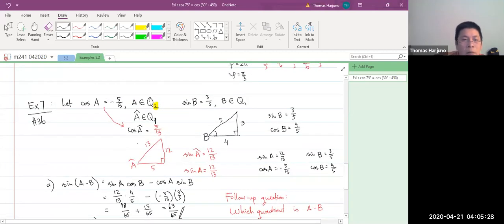From this triangle, we know tangent A hat will be 12 over 5. What will tangent A be?